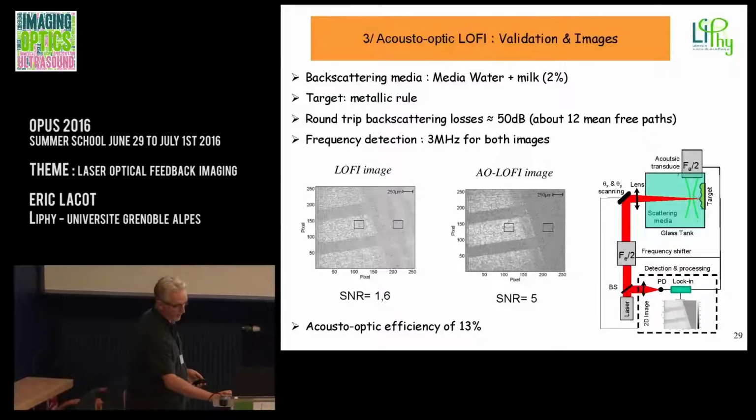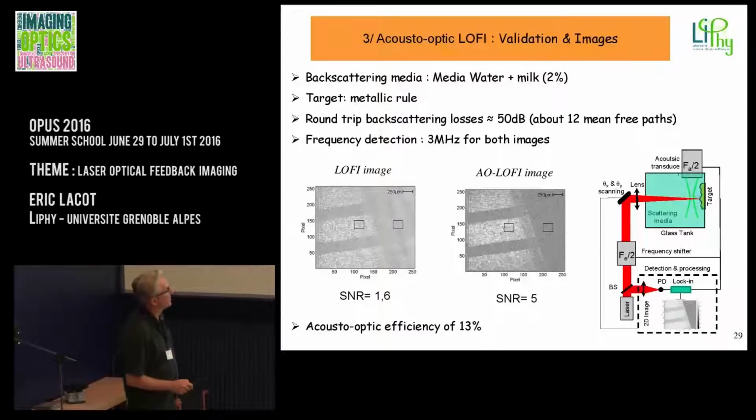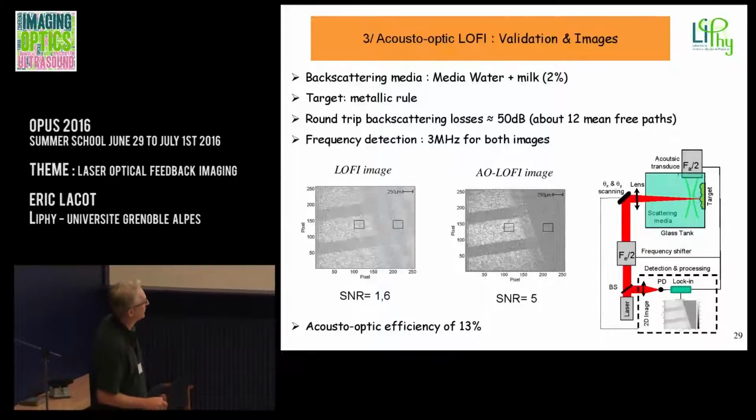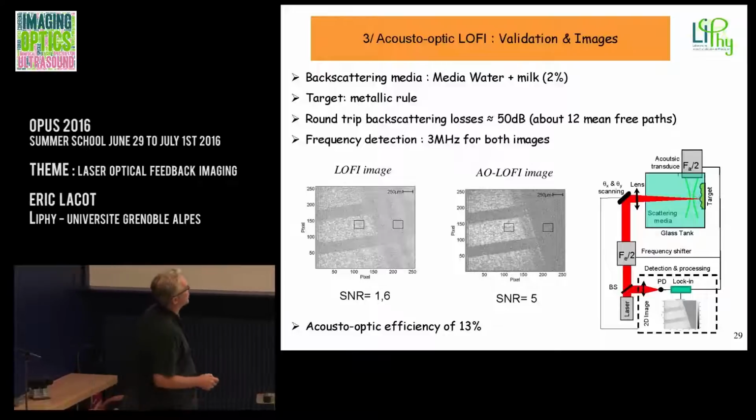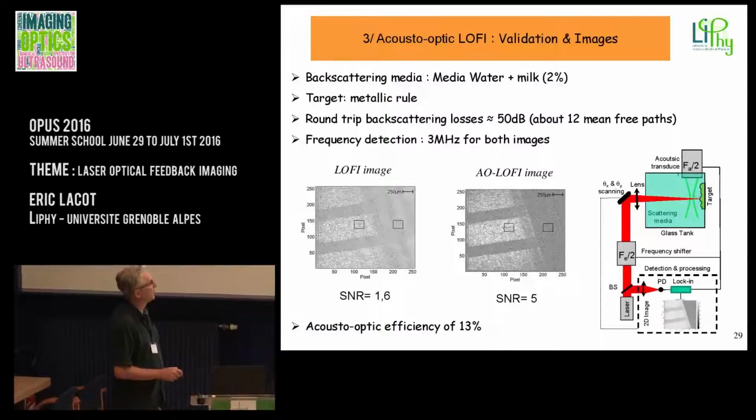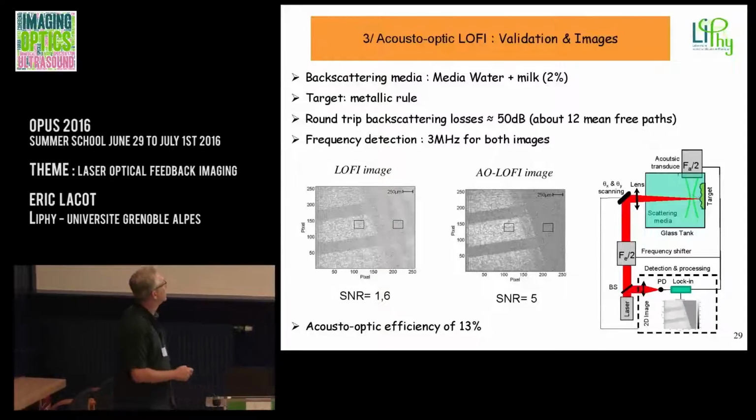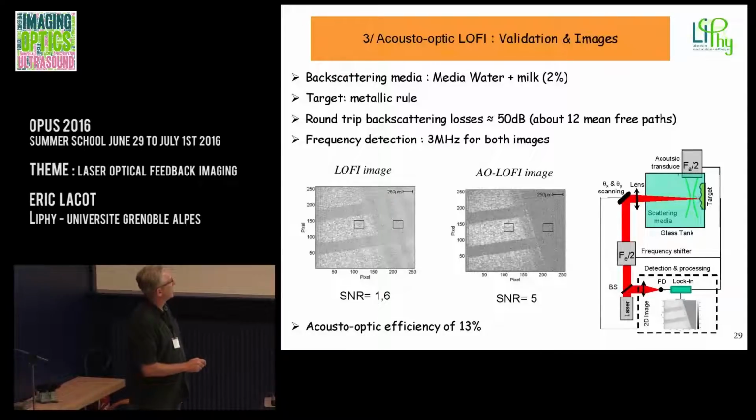Now if we use the acoustic photon tagging, you can see the acousto-optic LOFI image. Here is the metallic ruler, and the noise now is due to the laser noise. This is the shot noise limit, the laser quantum noise. As we can see, there is an increase of the contrast. Here it's very black, or dark. We can also calculate the signal-to-noise ratio by dividing the signal in this square by the signal in this square, and again here.